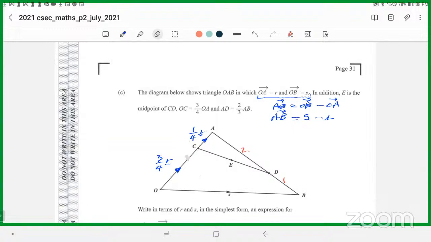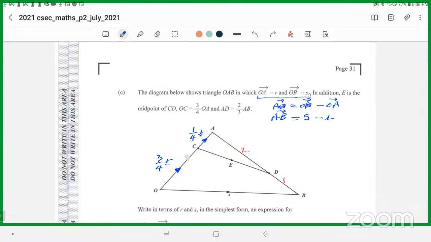Once they give you the position vector of A and B, they are indirectly giving you the vector AB, because AB is simply equal to OB minus OA, where AB is one of the lines that they are referencing here. See, they make reference to it right there. So you would need that vector AB.